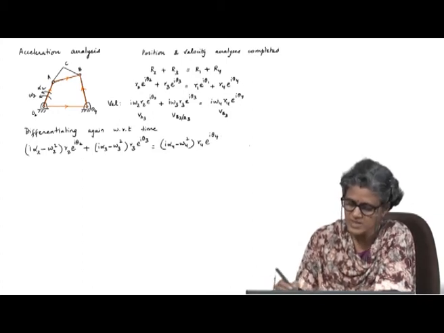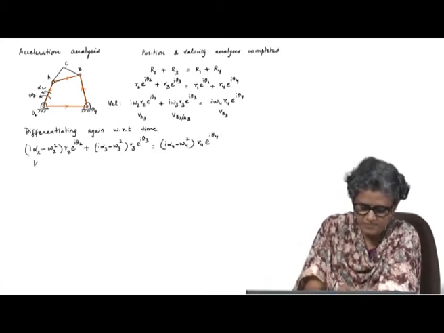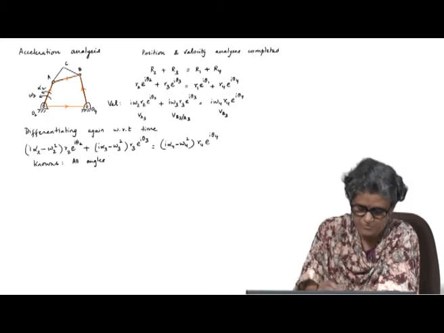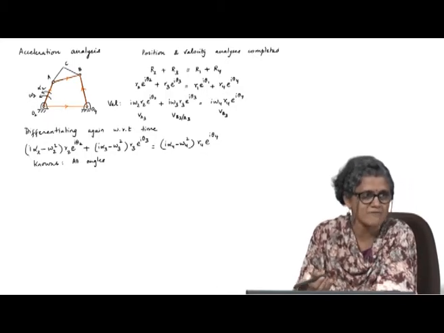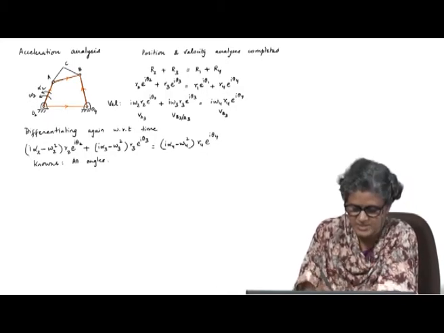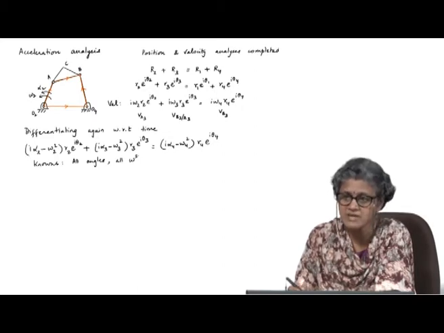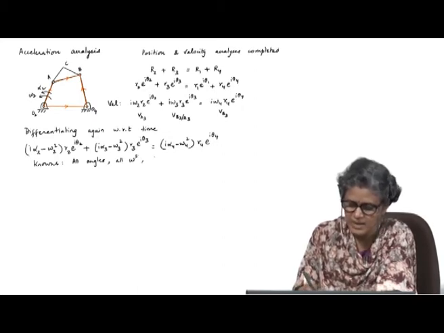My knowns are all angles, and link lengths of course, because you are doing analysis, so you have to know what linkage you are analyzing. All angles, all omegas are known because you have completed the velocity analysis, and alpha 2 is input.